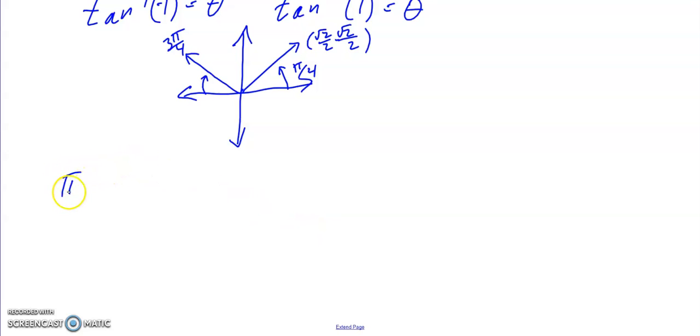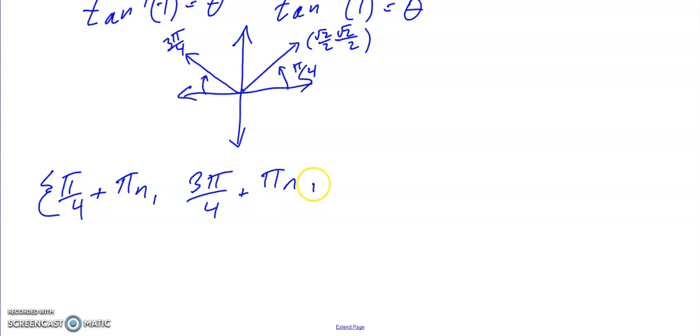So we're going to say pi over 4 plus pi n and 3 pi over 4 plus pi n, where n is an integer.